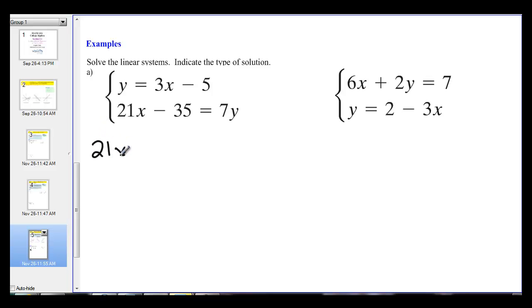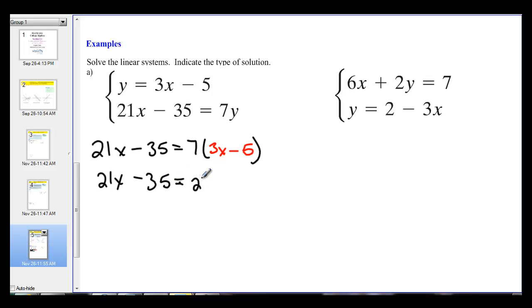So we keep 21x minus 35 equals 7, and then we're going to plug the y in. So instead of y, we're now going to write 3x minus 5. So we have 21x minus 35 equals, and then distribute, and we're going to get 21x minus 35.